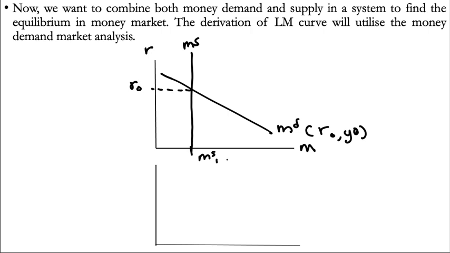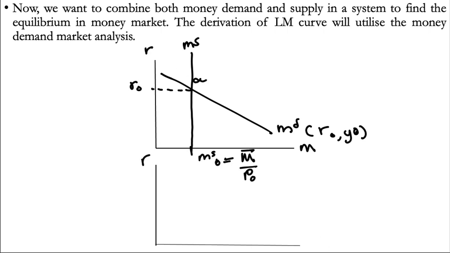Let us be more specific. We label this MS1 as M over P naught. Let's change it. Instead of 1, we put it not here, yeah? Alright, so this is point A.